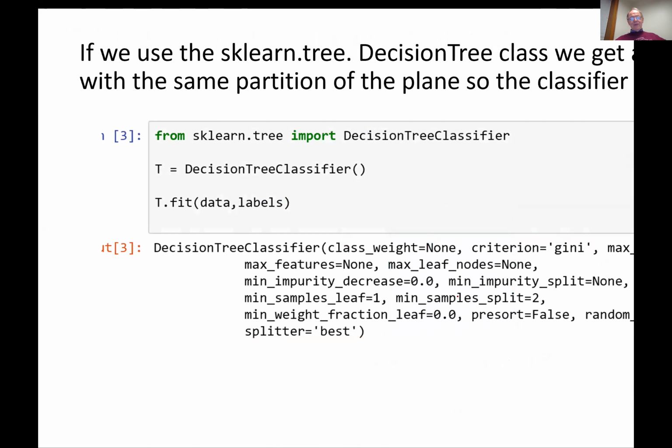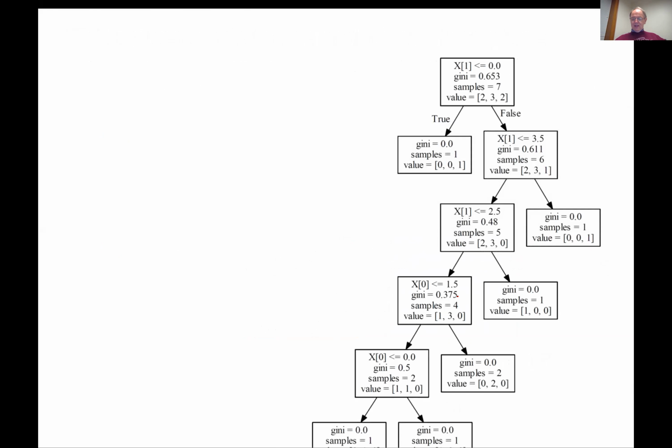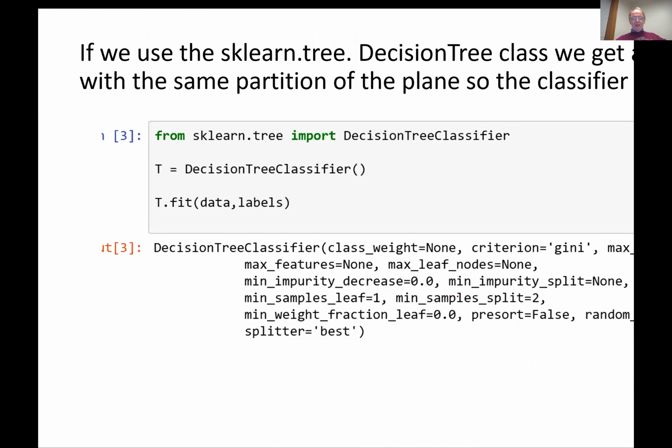Here's how you do it in Scikit, because sklearn can of course also do it. It's just sklearn.tree and DecisionTreeClassifier, and you take the data and the labels, but you can put different things in the constructor of the tree.